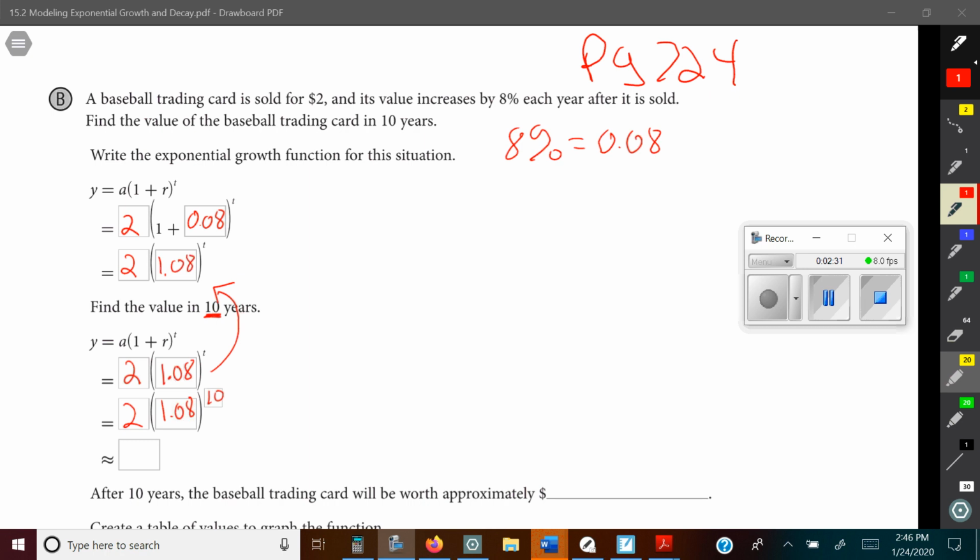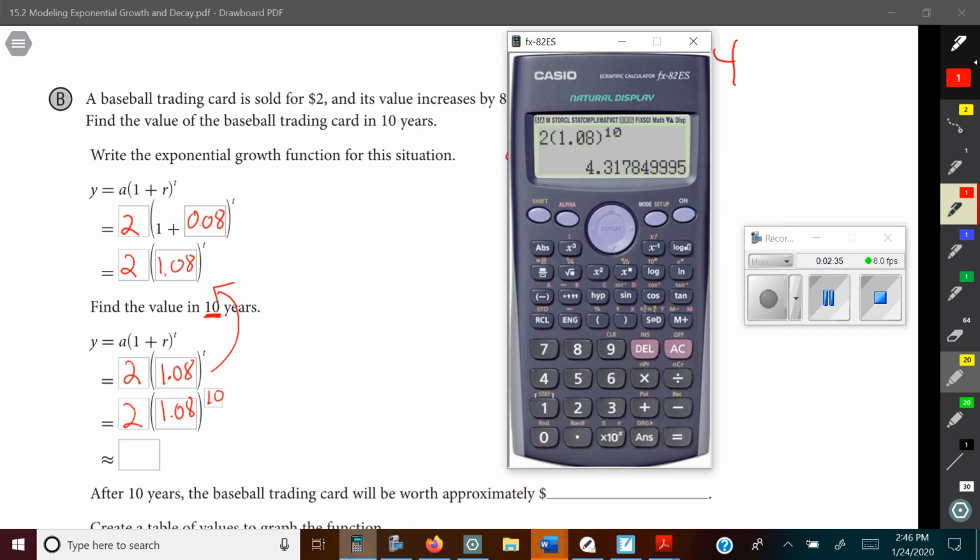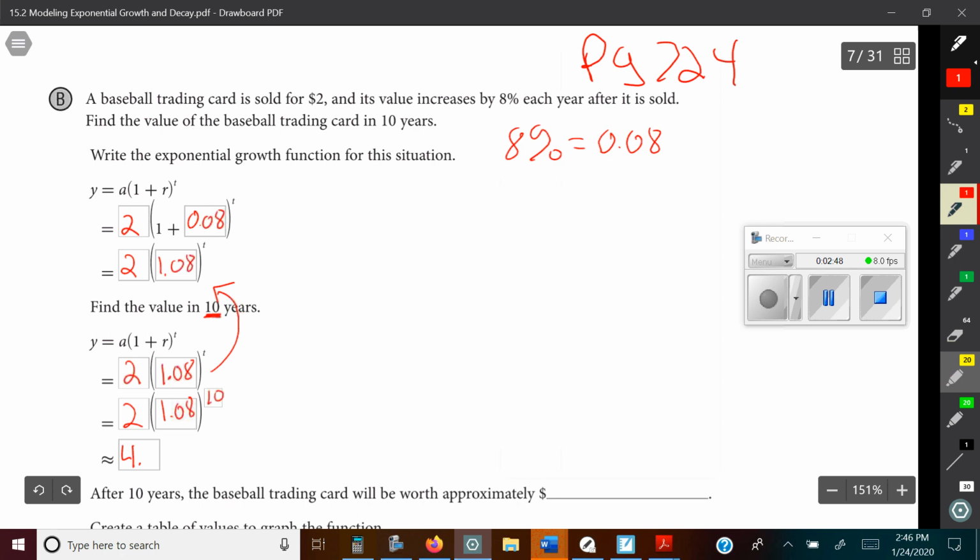Once you type that in your calculator, you round it to a money amount. You get 4.32, so it's $4.32. After 10 years, the baseball trading card is worth approximately $4.32.